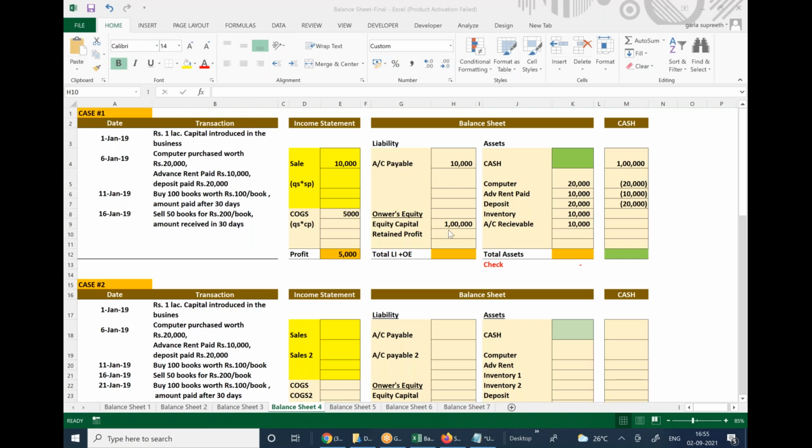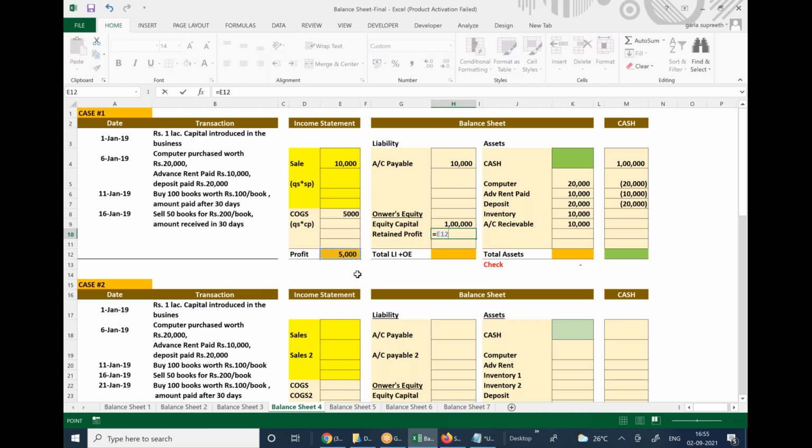Exactly. Retained earnings, unless they mention some dividends to be paid to the shareholders, then your retained earnings change. If they don't say anything, that money will be taken into your balance sheet. So I will always link retained earnings with profit. I'll show you how to link it. Go to the retained profit cell, click on equals, then take your cursor and place it on the profit.